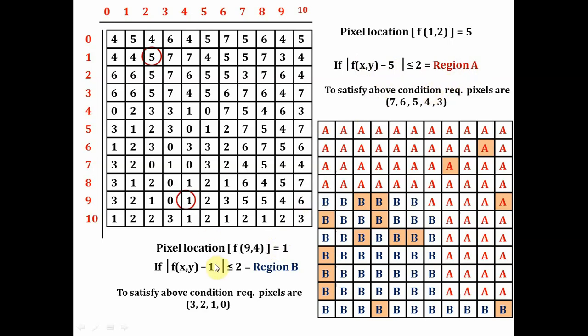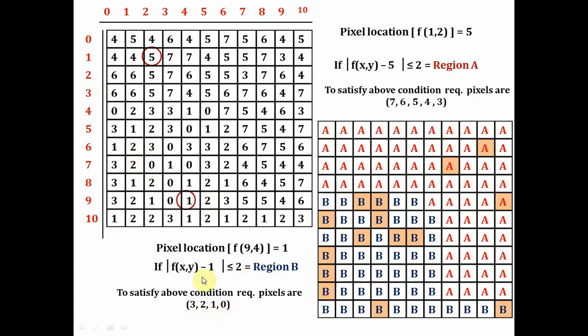But if we calculate for another region, for another seed pixel 1, the possible intensity values will be 3, 2, 1, 0. If I put 2 minus 1, that will be 1, which is less than or equal to 2. I will consider all 2 as B region.